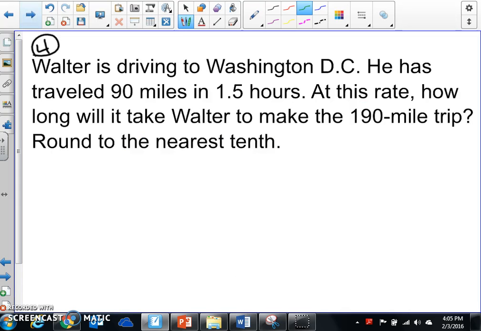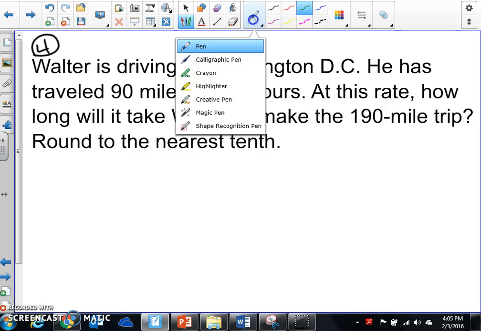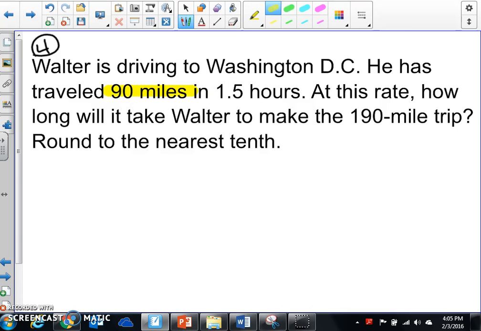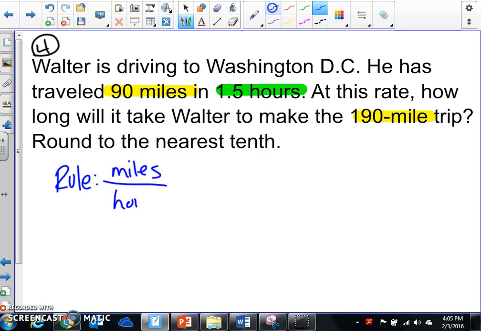Walter is driving to Washington, D.C. He has traveled 90 miles in 1.5 hours. At this rate, how long will it take Walter to make the 190-mile trip? Round to the nearest tenth if you need to. So my rule is miles over hours.